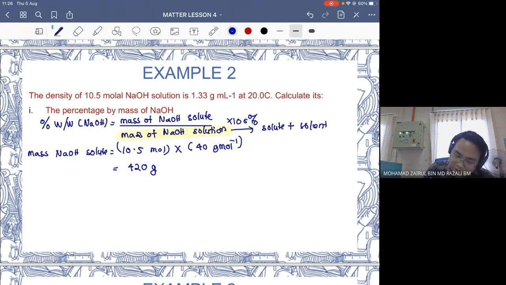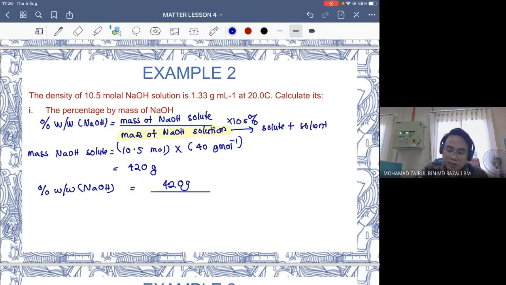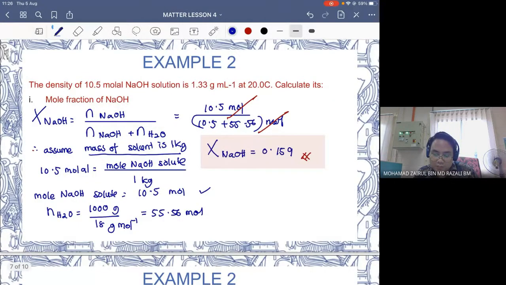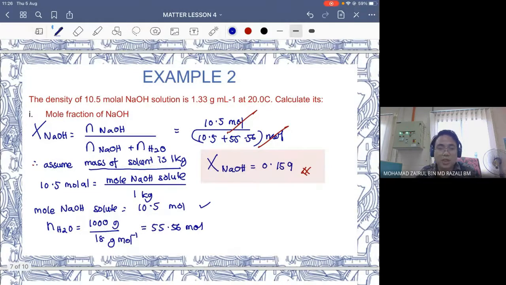Okay, so that means the percentage by mass of NaOH is equal to 420 gram. Okay, mass solution is equal to solute plus solvent. Okay, the solute is 420 gram and the solvent, kita assume tadi solvent tadi, kita assume mana? Kita assume 1 kilo.